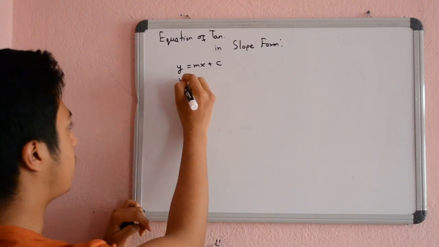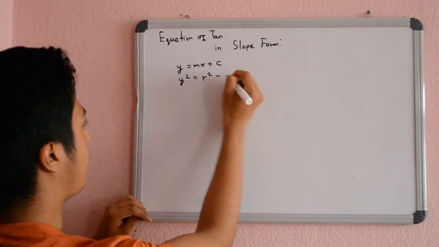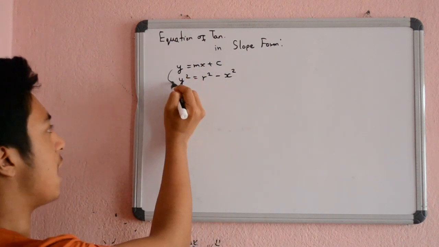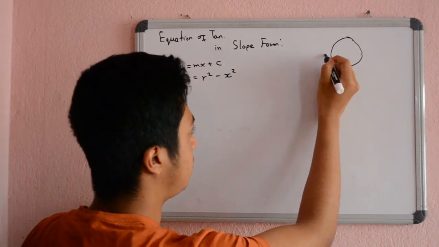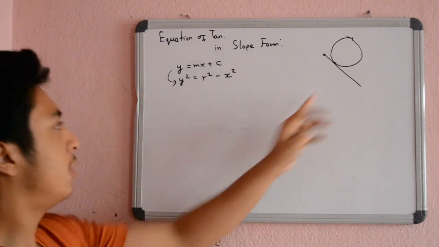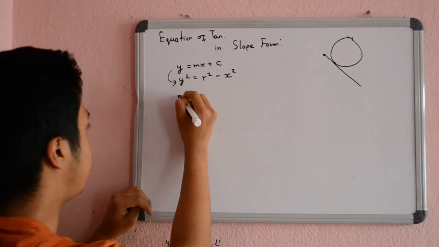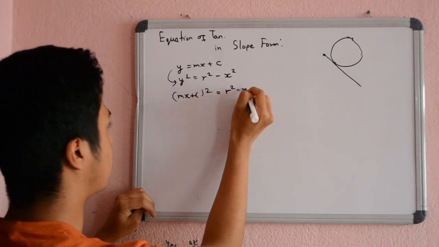So we have the equation of the circle, y square equals r square minus x square, and let's just put this value in. That means for a circle and this tangent over here, we're solving for this point. So this will be mx plus c whole square is equal to r square minus x square.